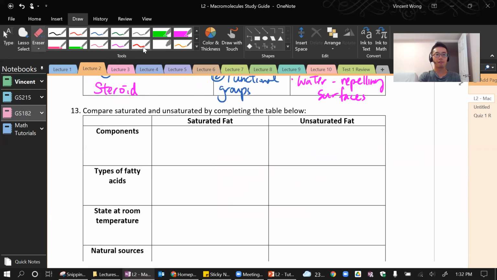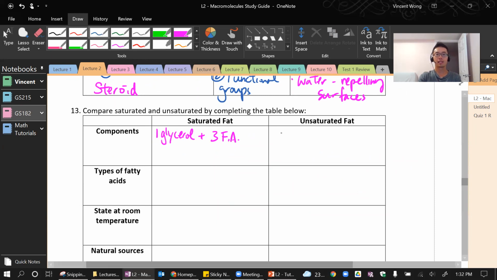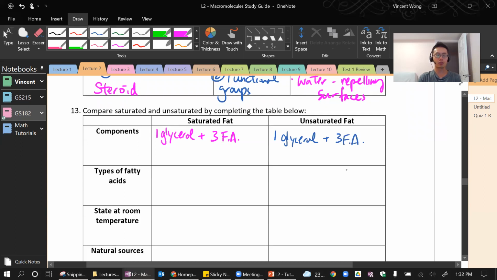So what do we have for saturated fat? What are the components? We have one glycerol plus 3 fatty acids. Exactly the same for unsaturated fat.